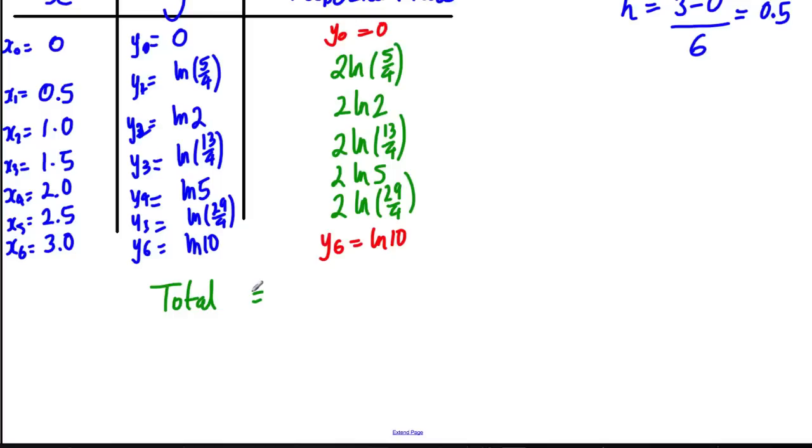And we get our calculator to work that out, and at this stage the total adds up to 13.67335531. Keep it like that until you round at the end.